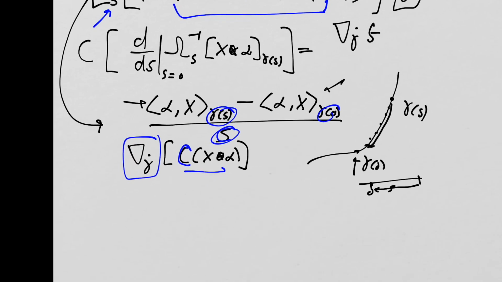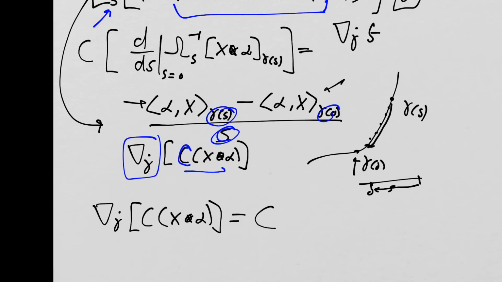So ultimately, that guy dot contraction of x tensor product alpha equals the contraction along that curve of x tensor product alpha. And that shows that the commutator, or the contraction operator, and the partial derivative in the direction of our curve commute, right? So important point that those two things commute.